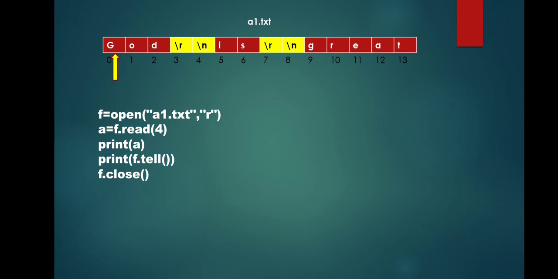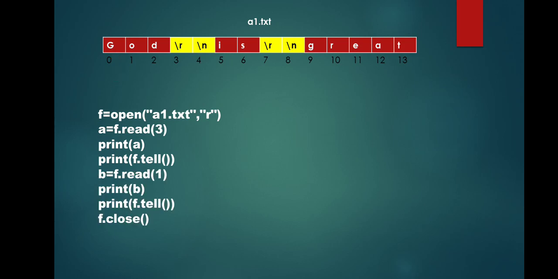So we will read the characters God, backslash r, backslash n. After reading it, where will the cursor be positioned? Again at byte number 5. See the output, the same output you are getting, right? So you have to remember this thing: backslash r cannot be separately read. Whenever you read backslash n, it will be automatically read.